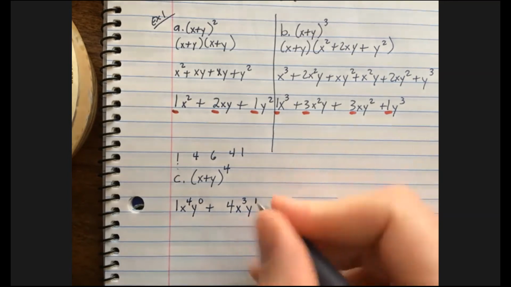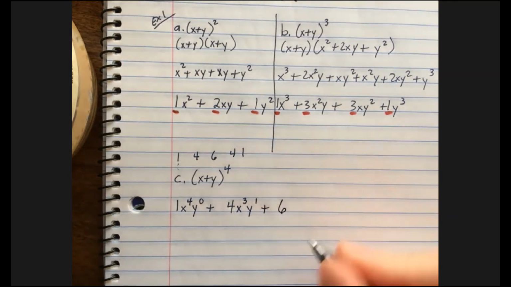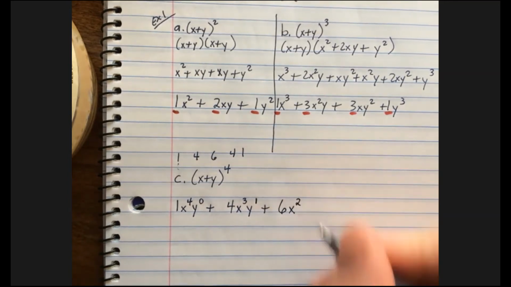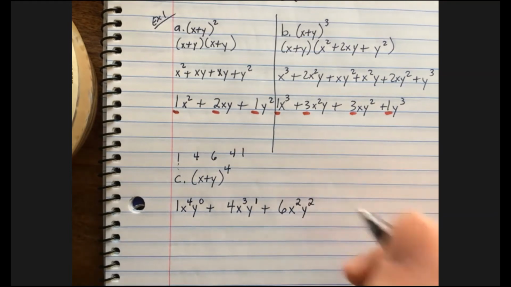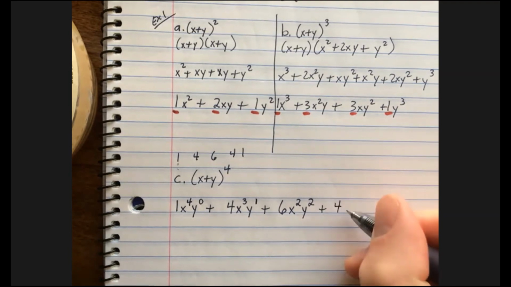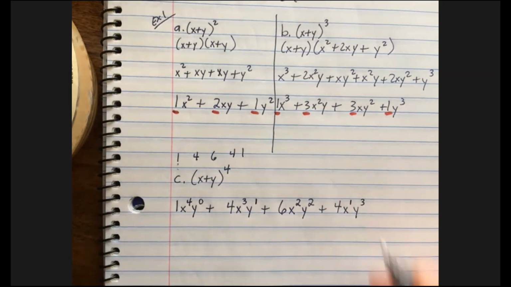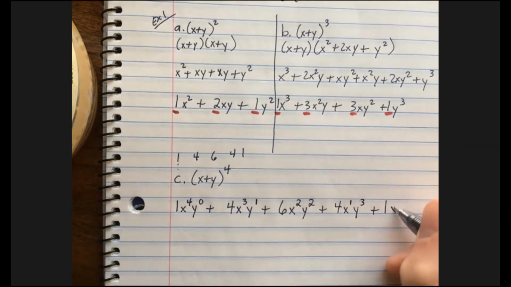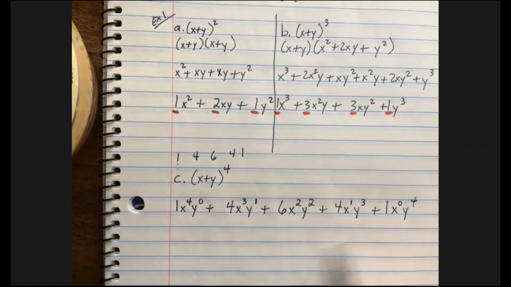And we'll continue. 6, x to the second, y to the second. 4, x to the first, y to the third. 1, x to the 0, y to the fourth.